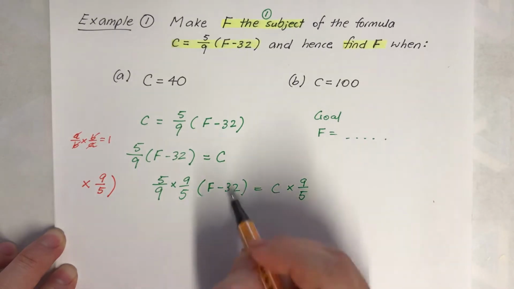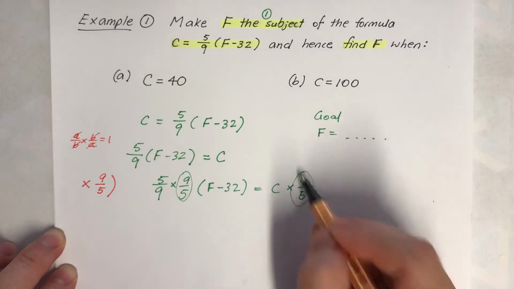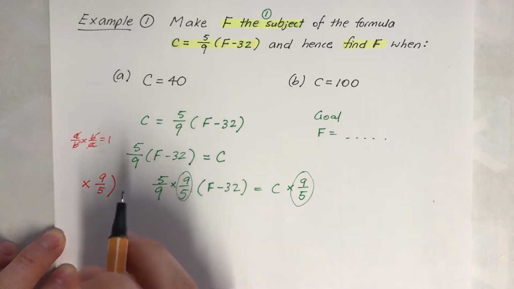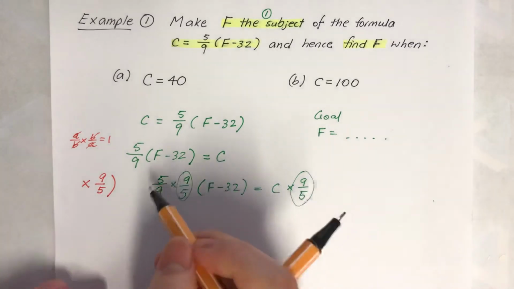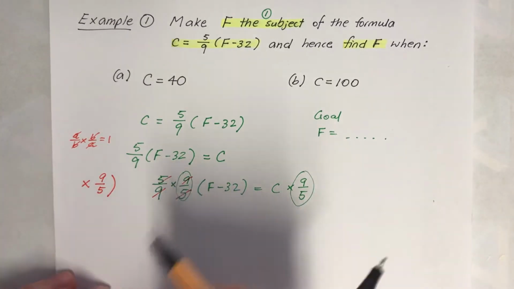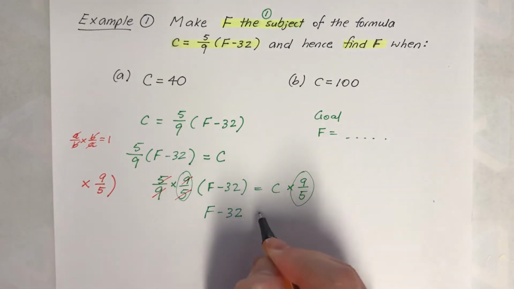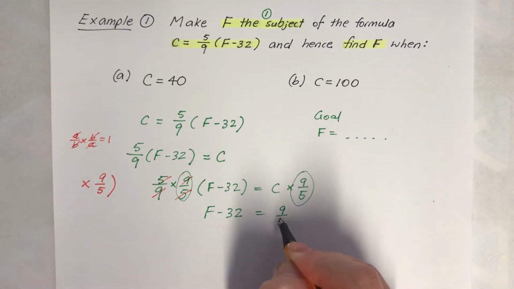When I do that, it cancels out and becomes 1. So it becomes F minus 32 equals 9 over 5 C.